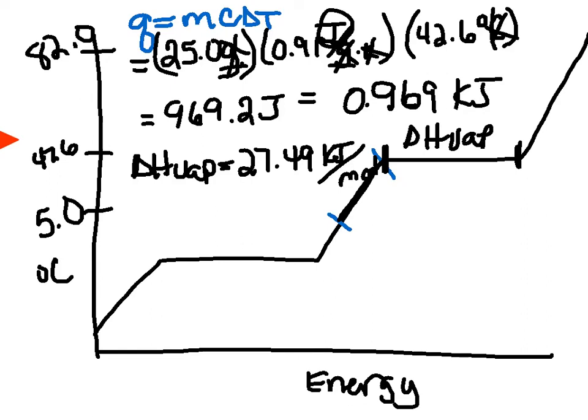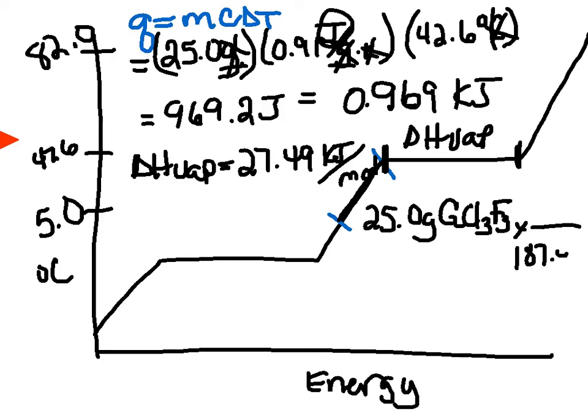So 25.0 grams has a formula mass of 187.4 grams per 1 mole. That's going to give us 0.133 moles of the compound.